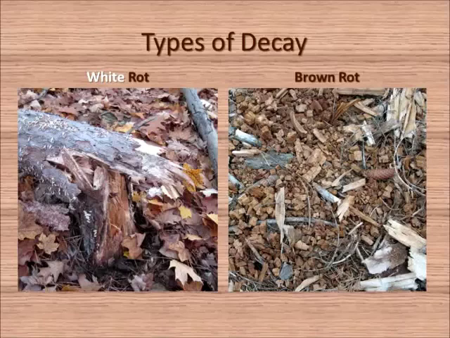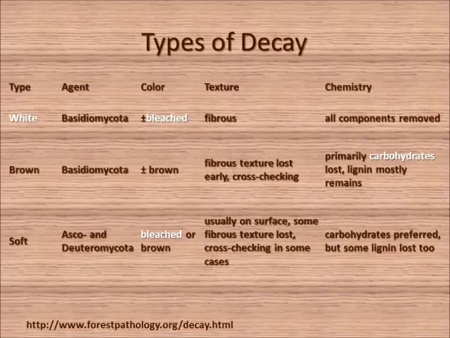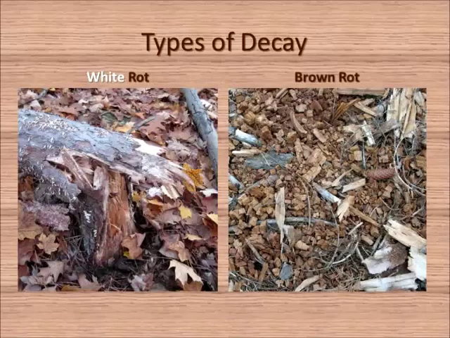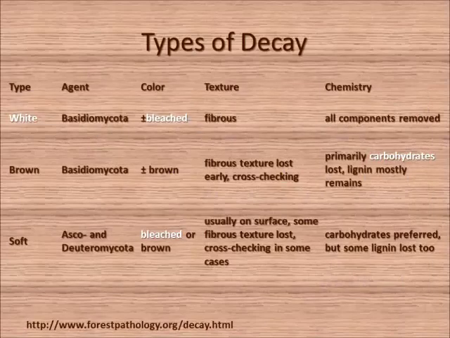So decay fungi can usually cause either white rot or brown rot, and the color of the wood that's left behind is what determines whether the decay organism is a brown rot or a white rot. Wood is made out of cellulose, hemicellulose, and lignin.